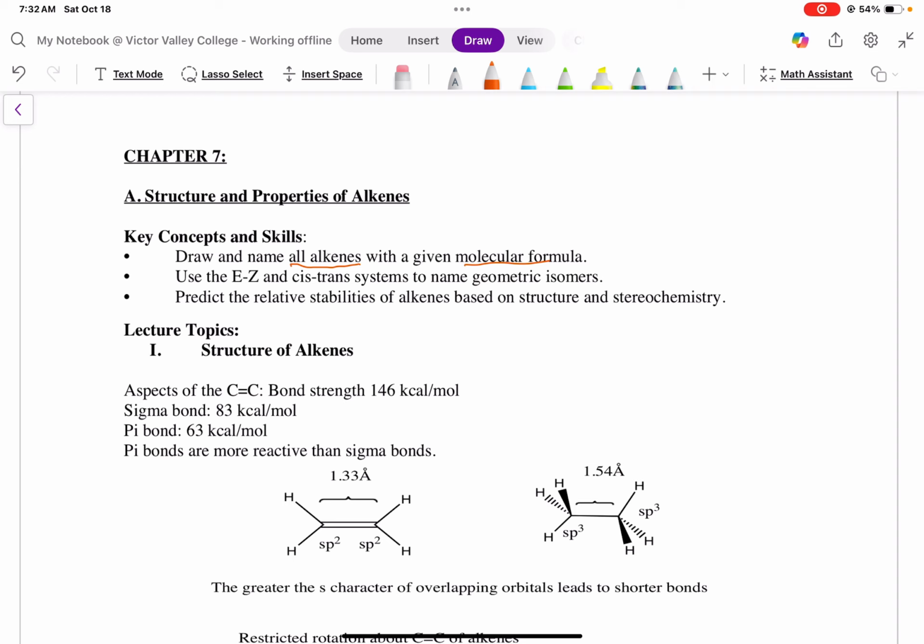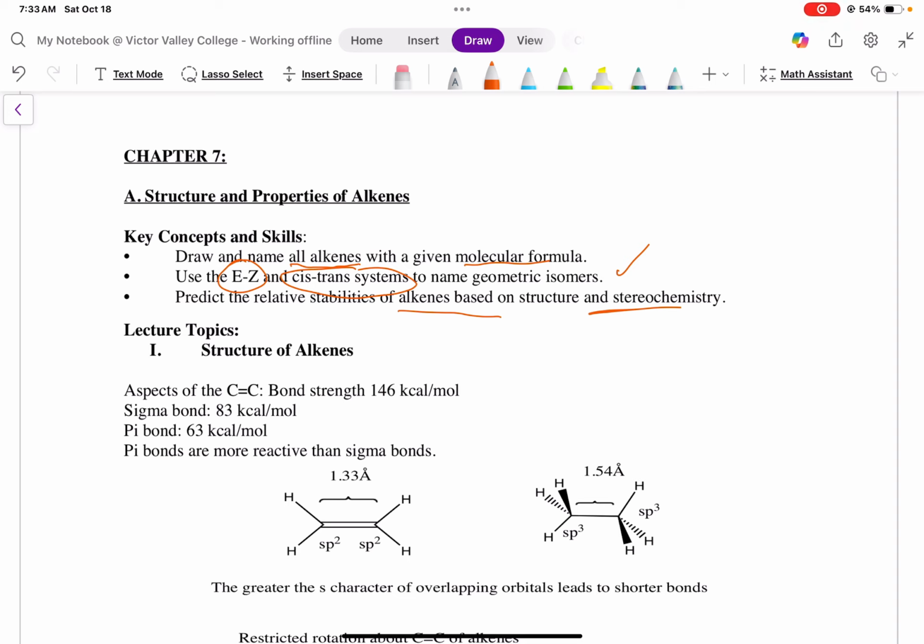If you remember the cis-trans system, we're going to be looking at an alternative system known as E and Z as well. And then we'll look at the stability of alkenes based on structure and stereochemistry.